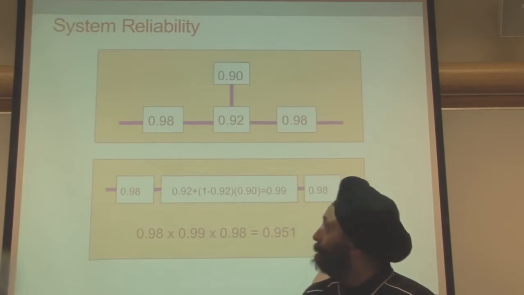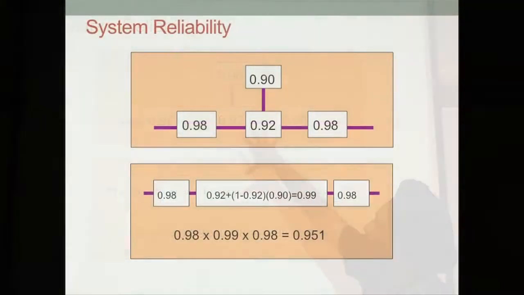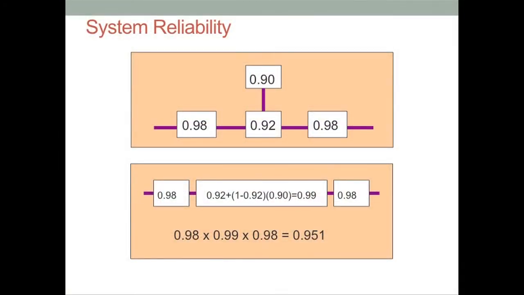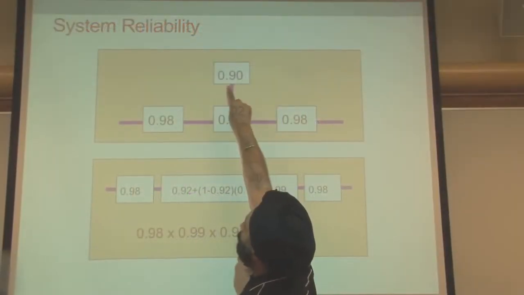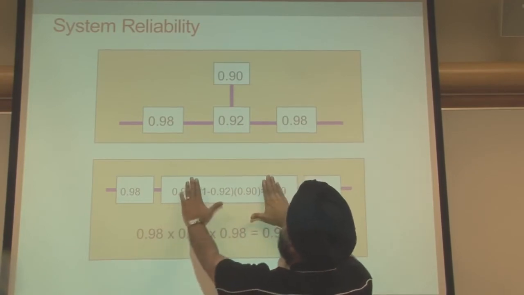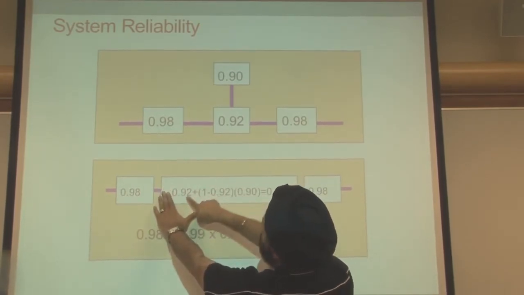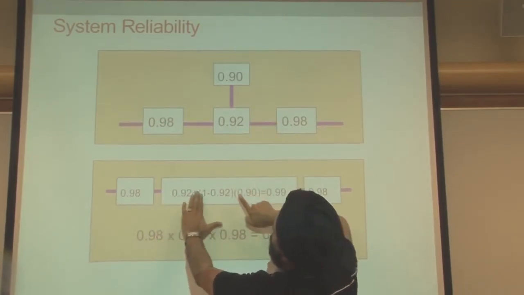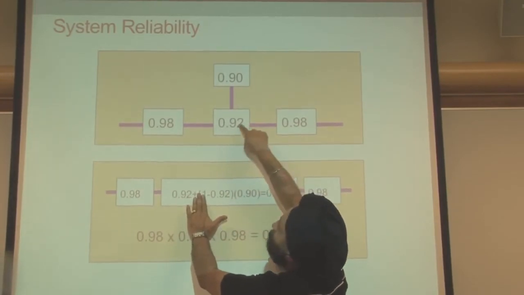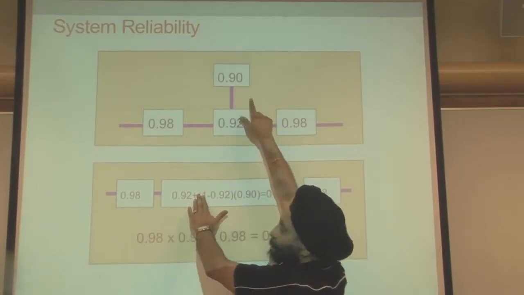So the system reliability, for example, if you're calculating the number over here, you have system in series plus in parallel. So it's easy to calculate first the parallel part, which is right here. So you have 92% plus 1 minus 92%, so 8% of the time, then you rely on that 90% over here.